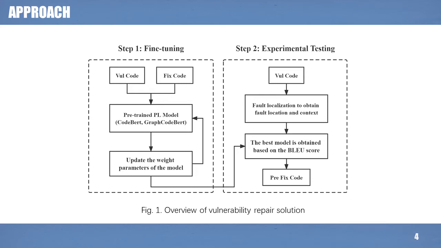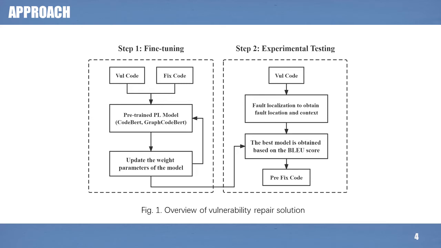First, we extract the vulnerability code and the corresponding fix code in the form of bug-fix pairs to serve as training data. Then, we use the pre-trained programming language model and fine-tune it on the downstream task of vulnerability repair.